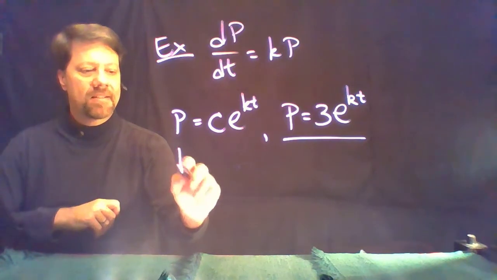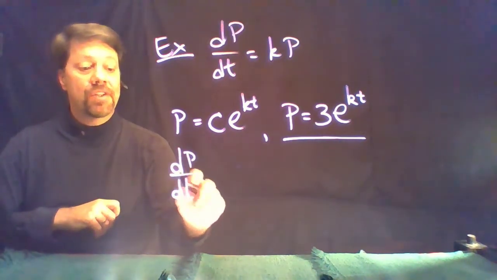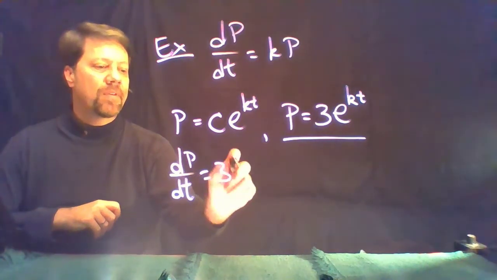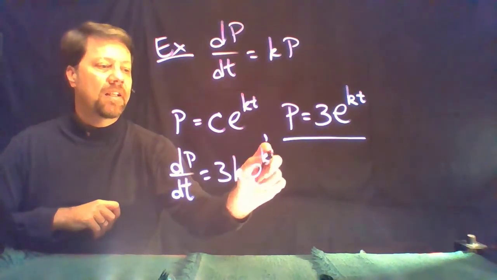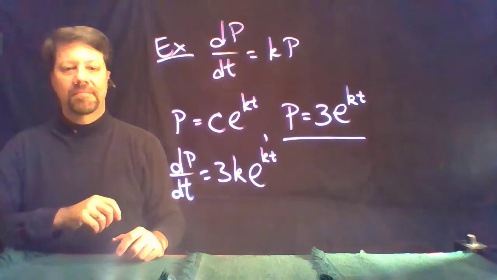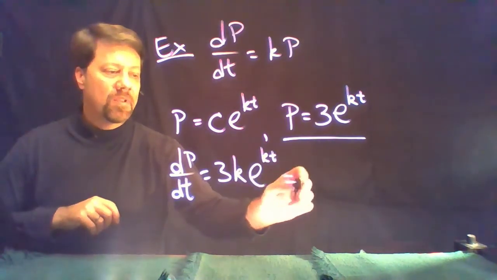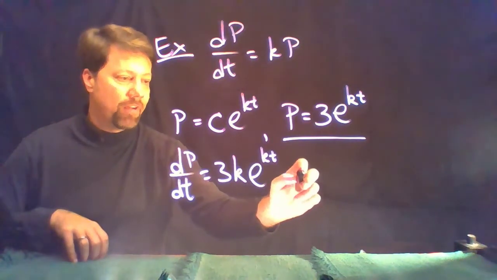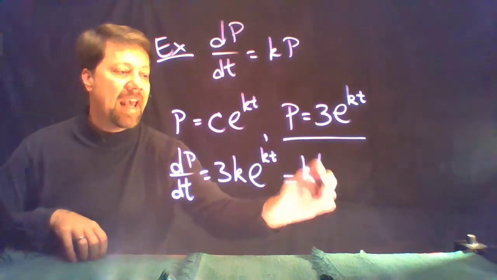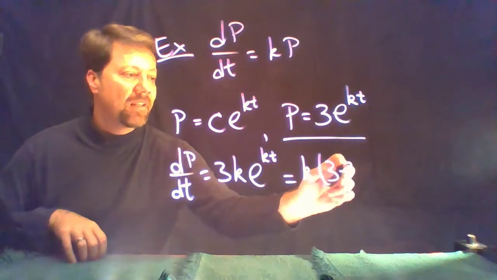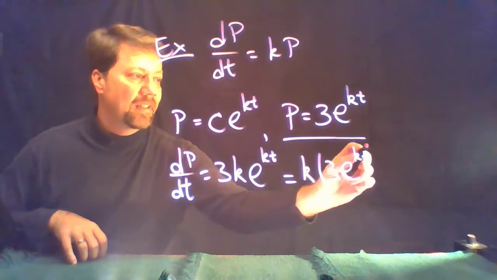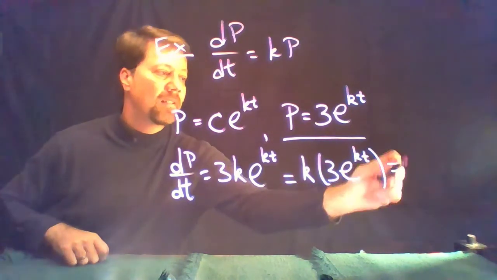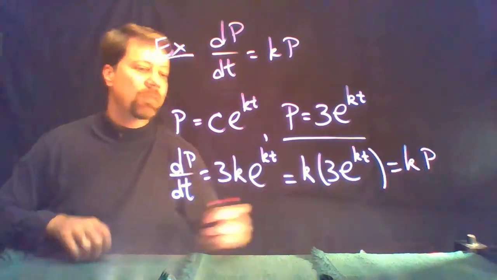Now, in this case, because of the chain rule, dp dt is going to be 3k e to the kt. Now, because of the commutative law of multiplication and the associative law of multiplication, we can rewrite this as k times 3 e to the kt, which happens to be k times the original function p.